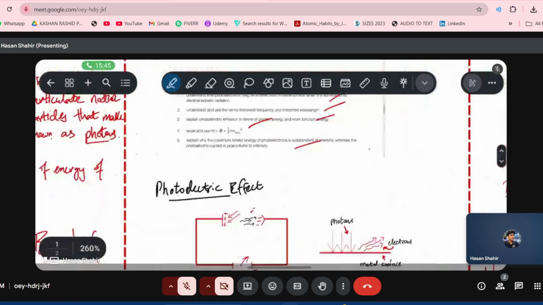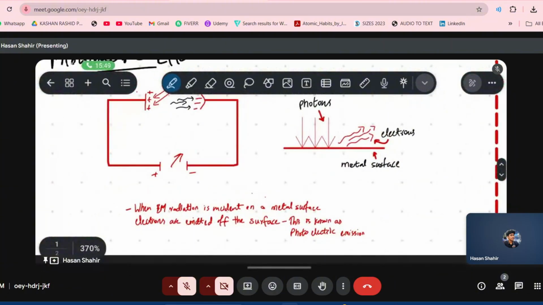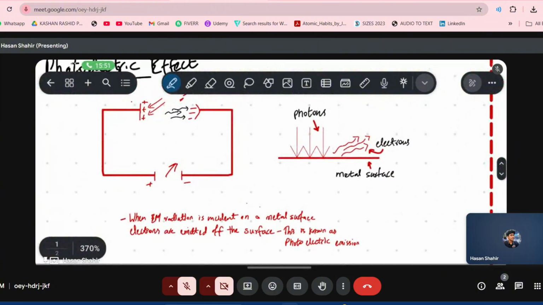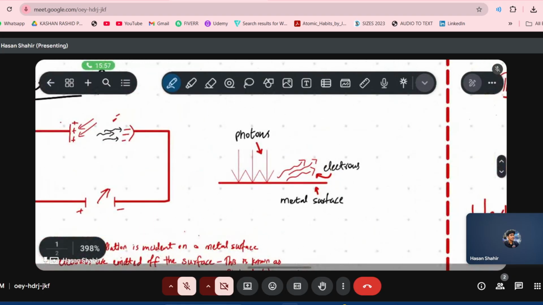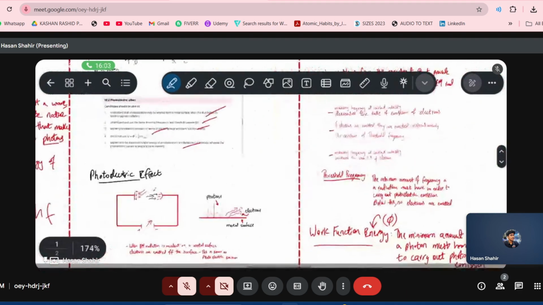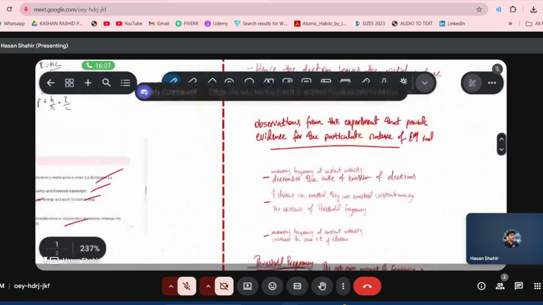Let's go over a basic recap. When electromagnetic radiation is incident on a metal surface, electrons are emitted off the surface. And why is that? Because each electron absorbs energy from each photon. They get into an excited state and get maximum kinetic energy enough to leave the metal surface.